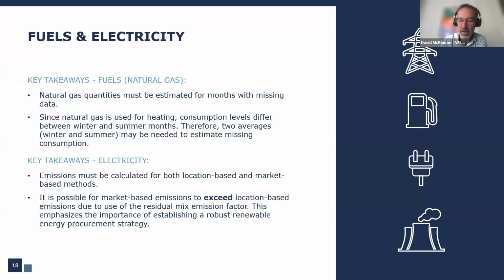And always remember that the residual mix emissions factor is going to be higher than the grid average, and that can mean that your emissions, despite having bought renewable energy certificates, are actually higher.